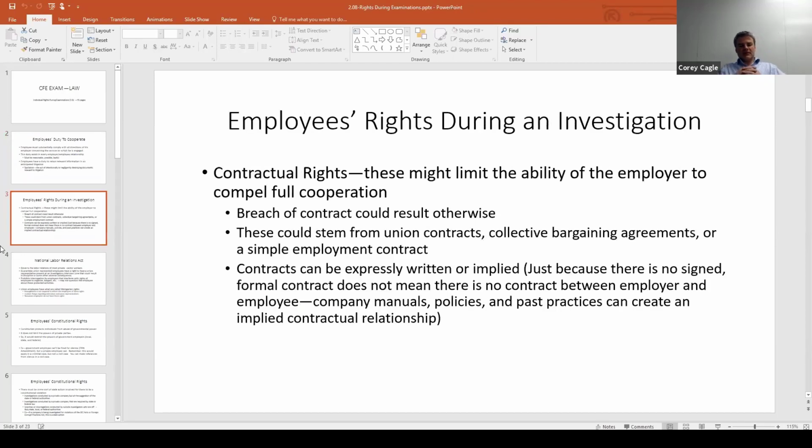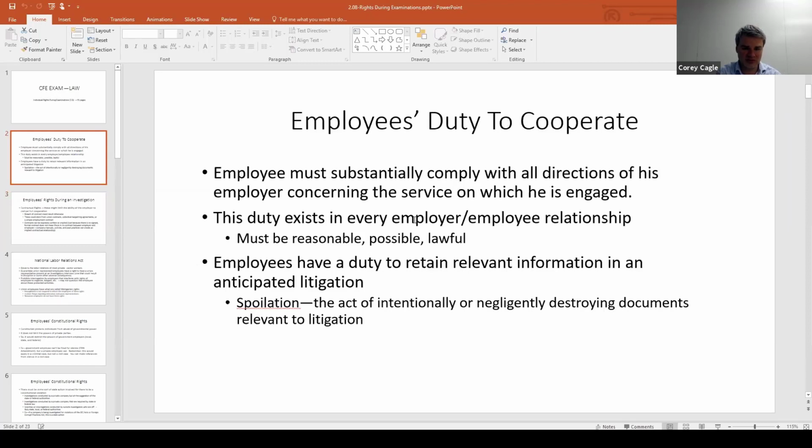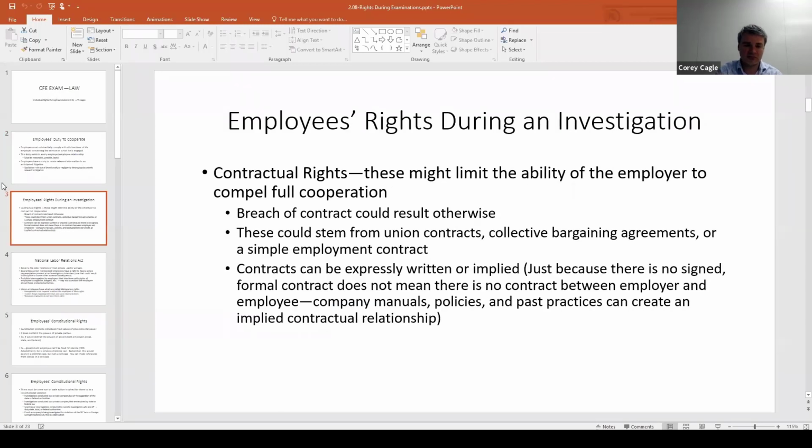Now, there are possibly contractual rights that can limit the employer's ability to compel full cooperation. So, there can be a contract on a lot of things. In general, there's a duty to do these things. But if there's a contract that says this, this, this, and this, then that's the deal, right? So that's going to limit what's generally true.